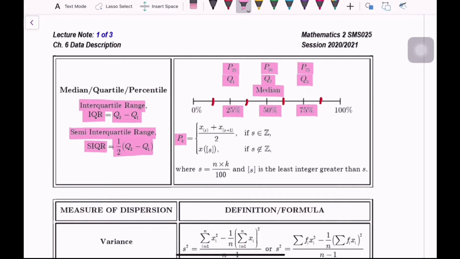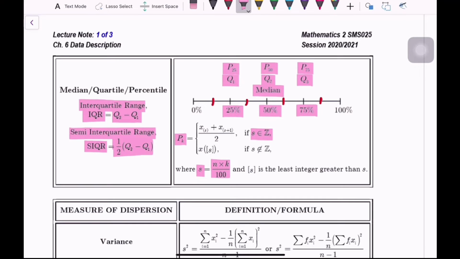To find any percentile, first, we use the formula n times k over 100 to determine the observation of P. Let's say S is an integer.